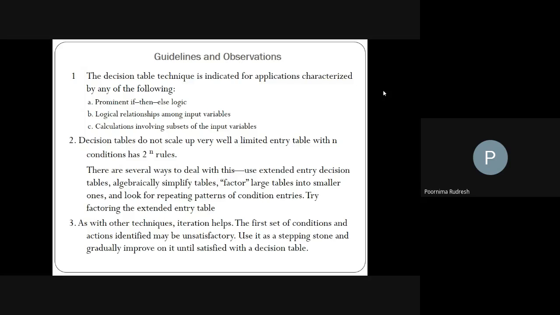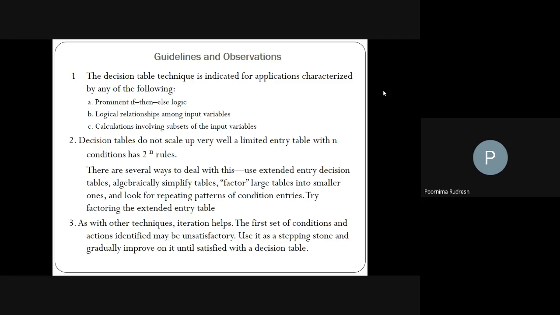Decision tables cannot be scaled up very well because a limited entry table with n conditions has 2 power n rules. And the third one is, as with other techniques, iteration helps.